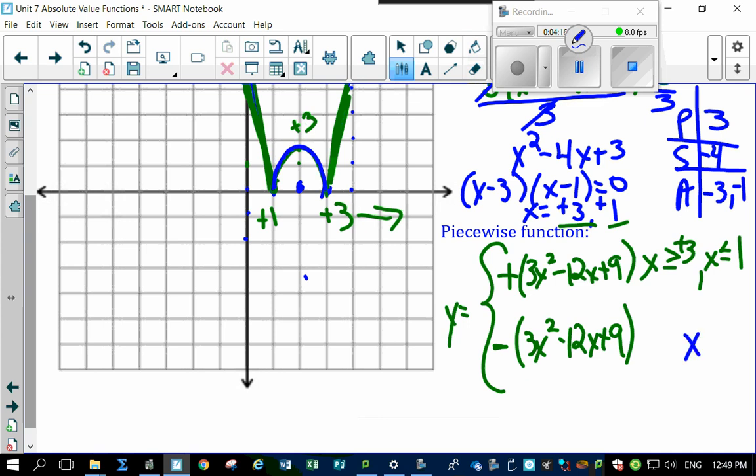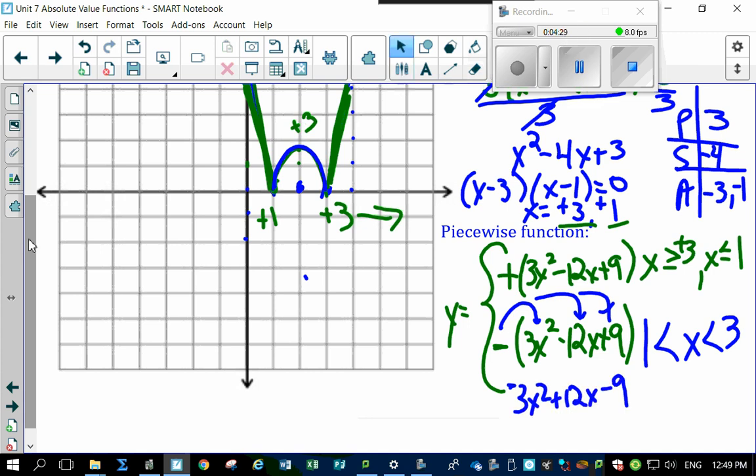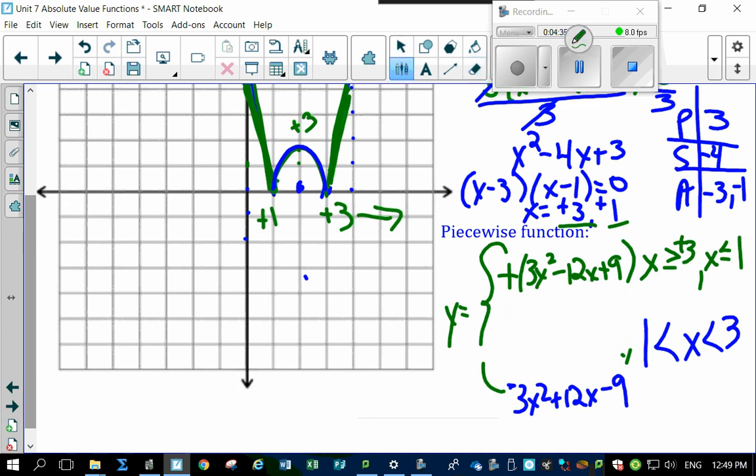So when x was between 1 and 3, there you go. And again, distribute that in to give you minus 3x squared plus 12x minus 9. There's your piecewise function. There's a beautiful graph that you drew and everything else that goes along with this. I think we're getting a lot faster at this and a lot better.